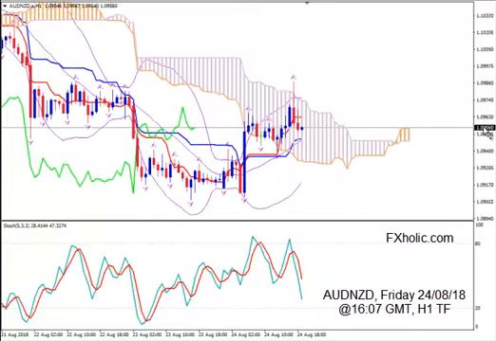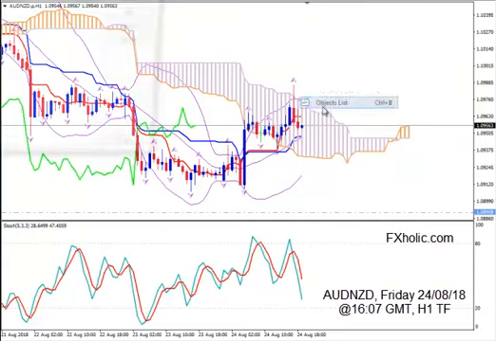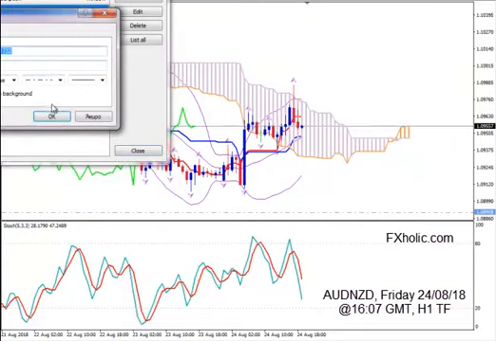This is H1. Here we see a very big spike above the upper Bollinger Band, above the Kumo. So when you see a bearish candlestick, let me change the color here.